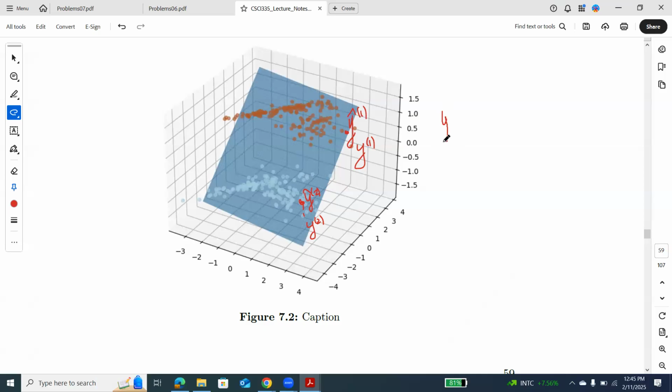Our model, as you remember, is the linear model W transpose times X tilde, extended by 1. But we want somehow to classify, like for large values of y, we want to assign class 1, and for small values of this linear function, we want to assign class -1.